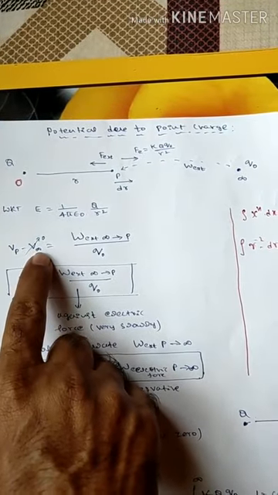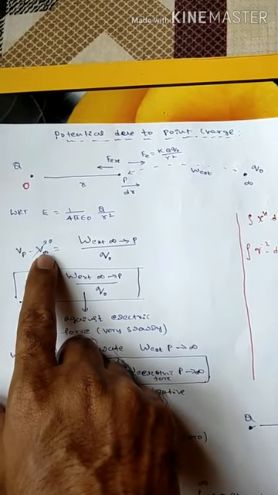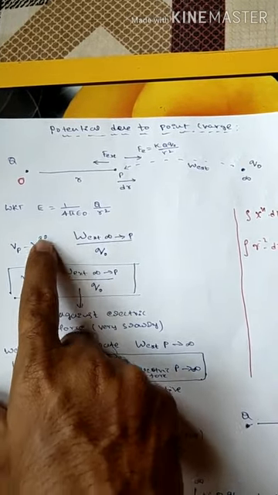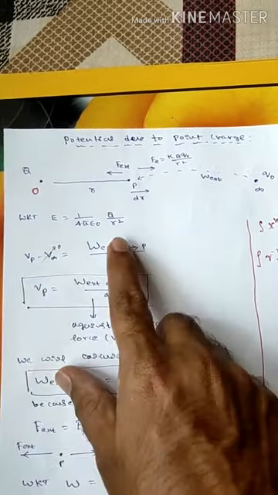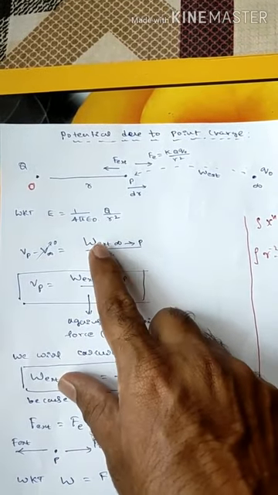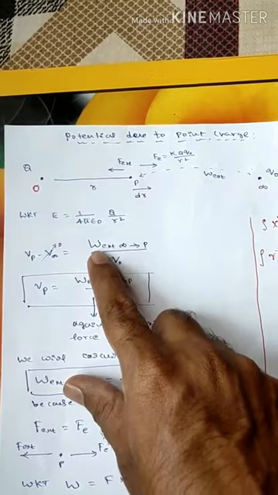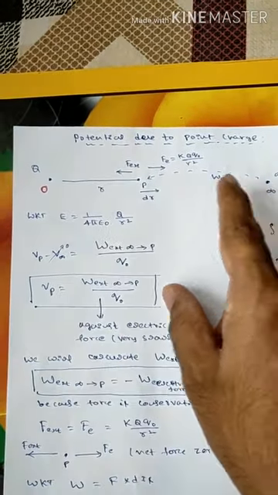Then we can go for a potential difference between these 2 points, clear? Vp minus V infinity means potential at P point minus potential at infinite point. All of you know that potential at infinity, how much? In the last class we saw it is 0. We get one formula for potential difference: work done per test charge. Work done by the external agent from infinity to P point.